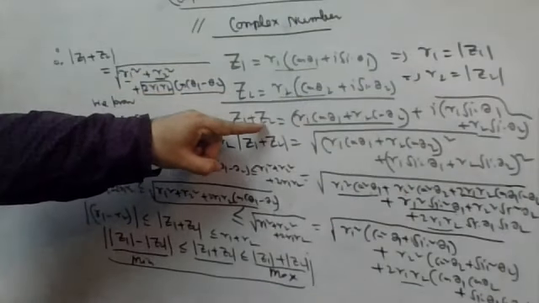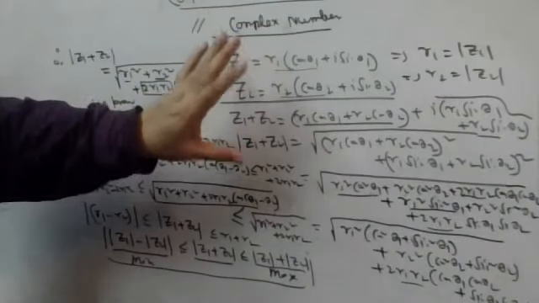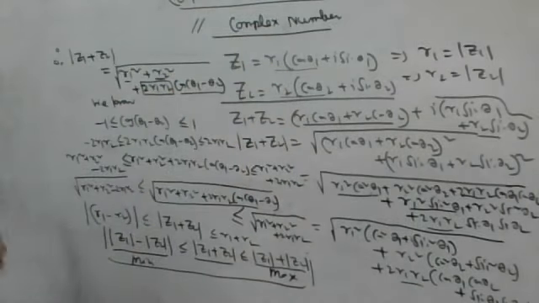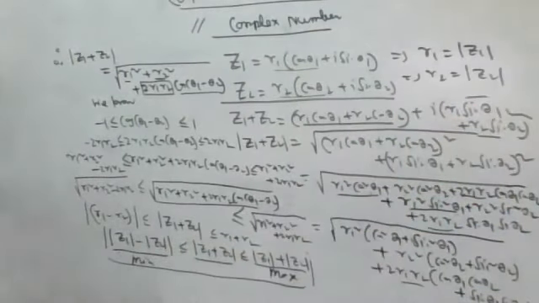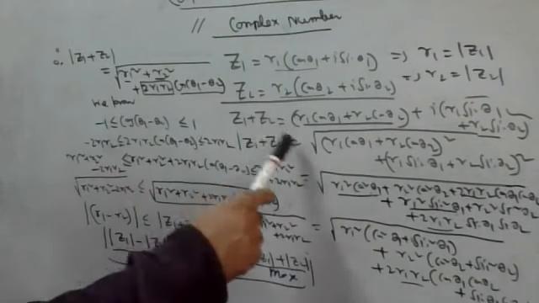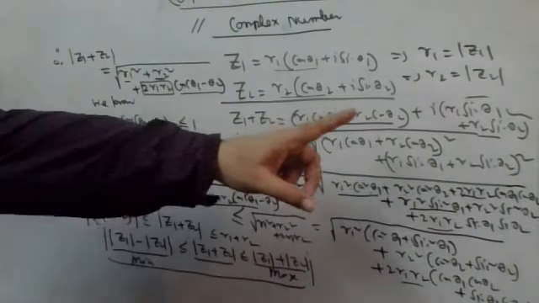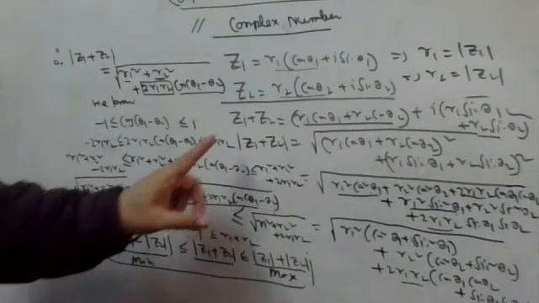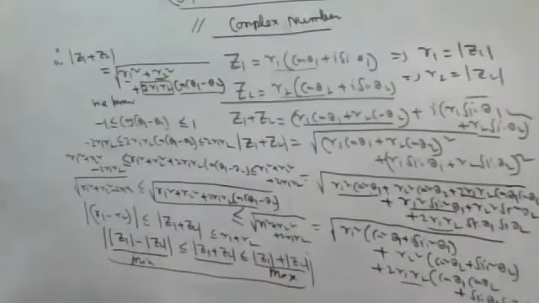Z1 plus z2 we have added, the addition of complex numbers: real part will be added with real part and imaginary part will be added with imaginary part. See, that has been done. Now its magnitude is what? This is considered as x, this is considered as y.